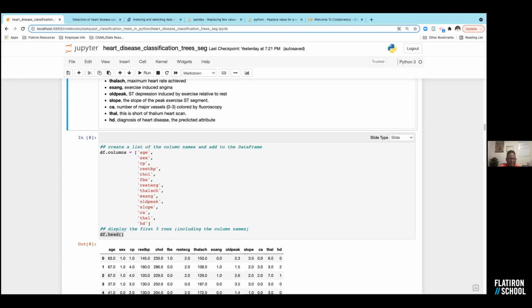Vin says, are outliers handled the same way as missing values? Not quite. Outliers are a whole different beast, right? Again, it depends on what kind of machine learning model you're building, because some models are more sensitive to outliers than others. Linear regression is very sensitive to outliers, but some of the classification models not so much.